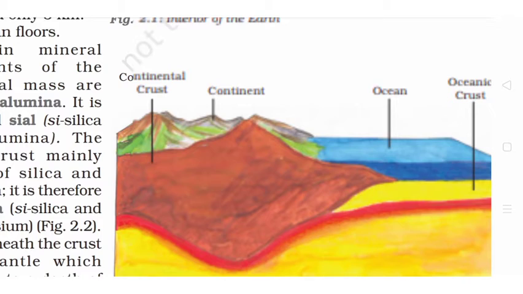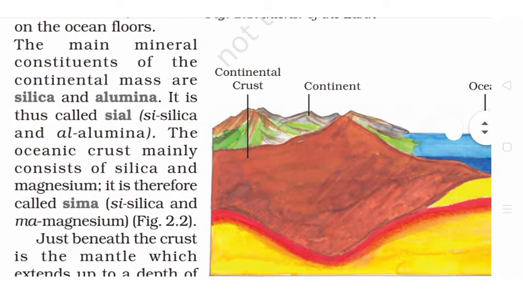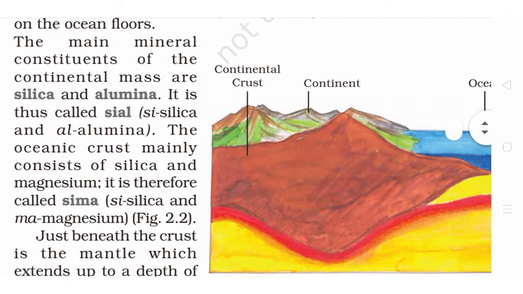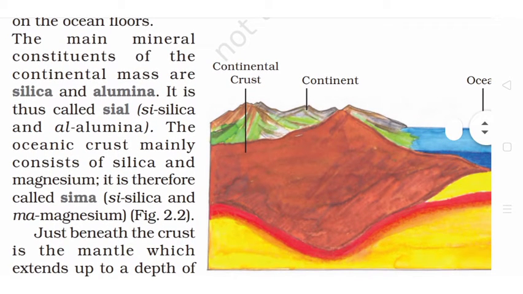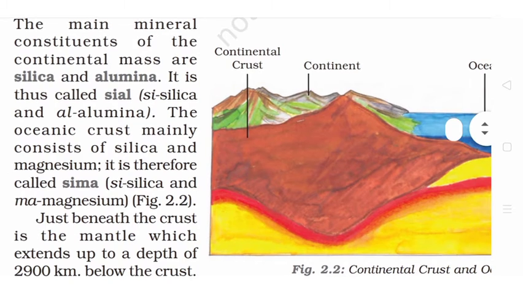In this continental crust, silica and alumina are found, and it is also called Sial. How is it known as Sial? Si, the first two letters of silica, and Al, the first two letters of alumina, form the word Sial.